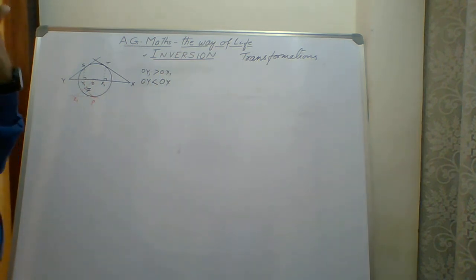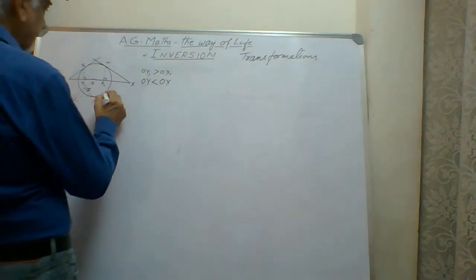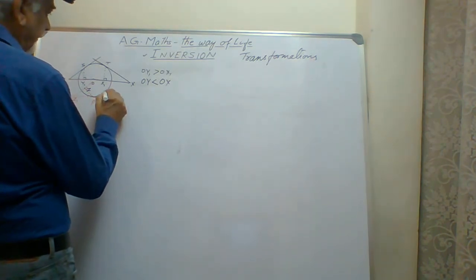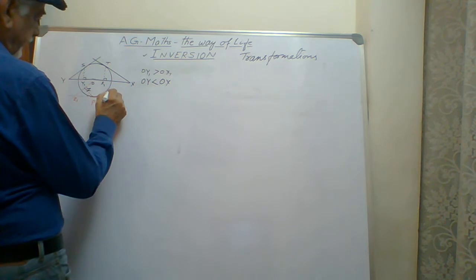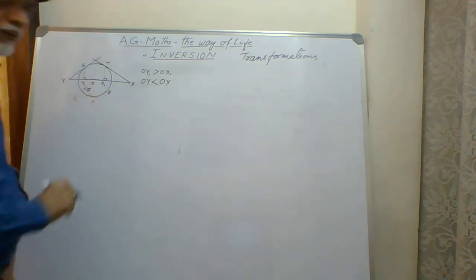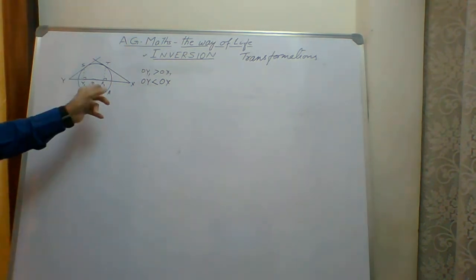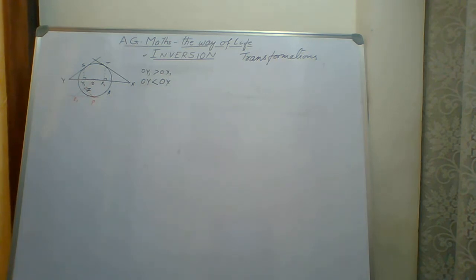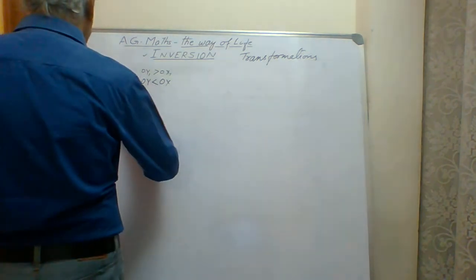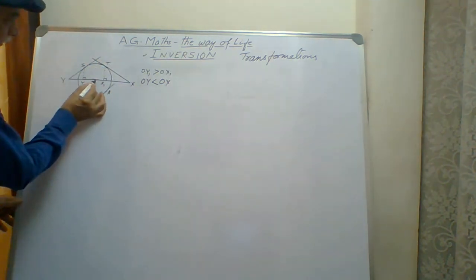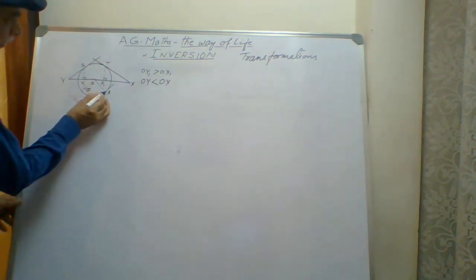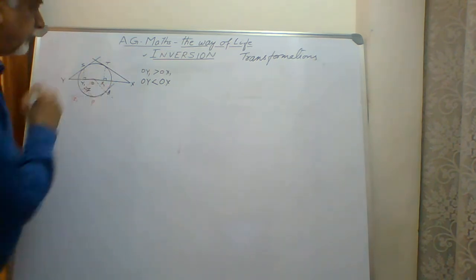Say A is a point which was lying on the circle. What will happen to this point? This point will not go anywhere. If I draw a perpendicular tangent here, and if I join this, where will it go?